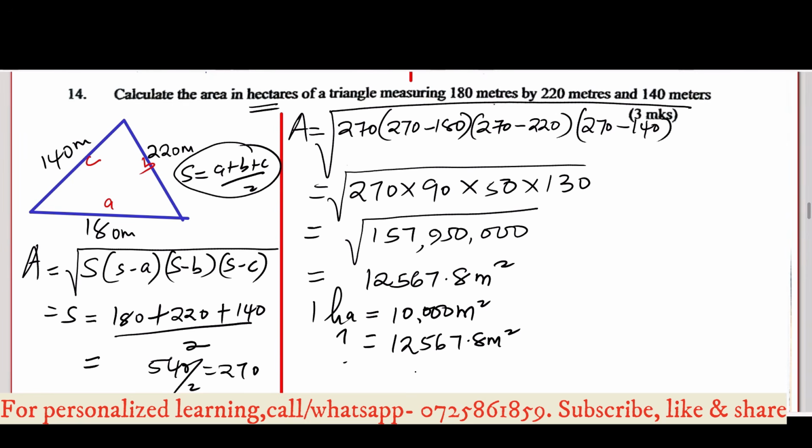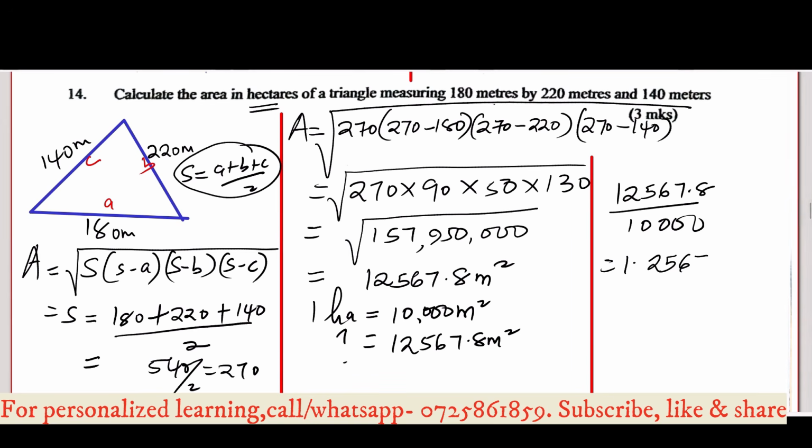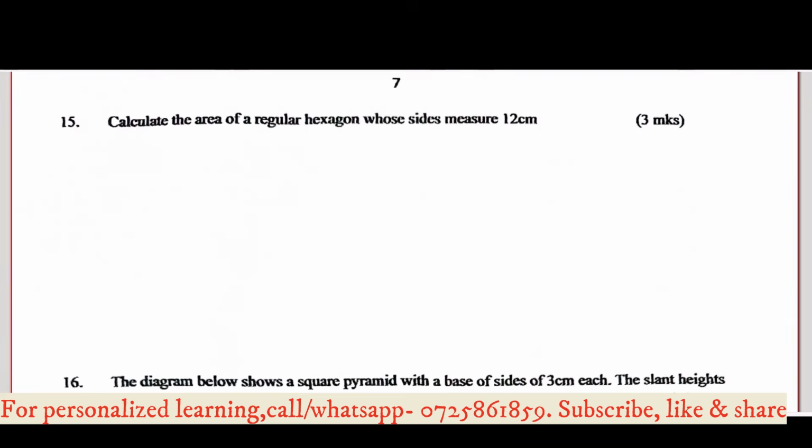We simply divide 12,567.8 by 10,000, and the answer is 1.2568 hectares. Question 15. Calculate the area of a regular hexagon whose sides measure 12 centimeters.